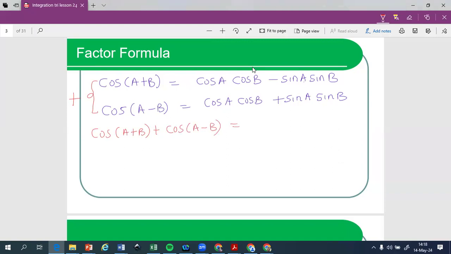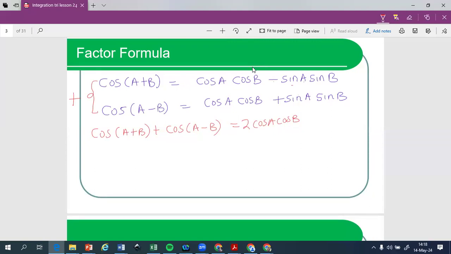When you notice, members, this is cos A cos B, cos A cos B, so they are the same things. So when I add, I'll get 2 cos A cos B. When I come this side, this one is negative and this is positive: this is sin A sin B, the same terms. Since one is negative and another is positive, once I add them I'll get 0. So I remain with 2 cos A cos B.